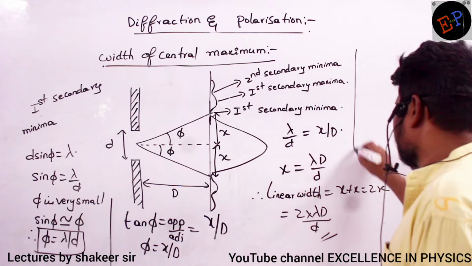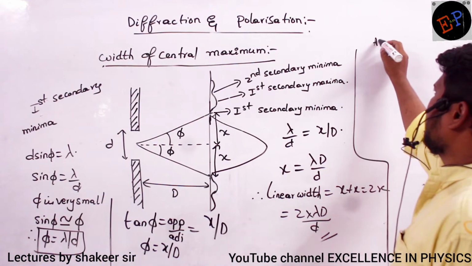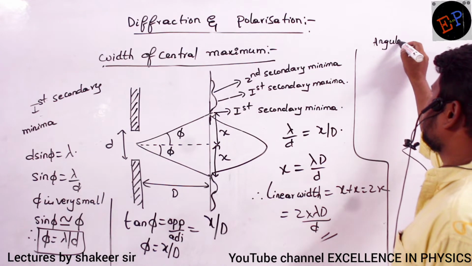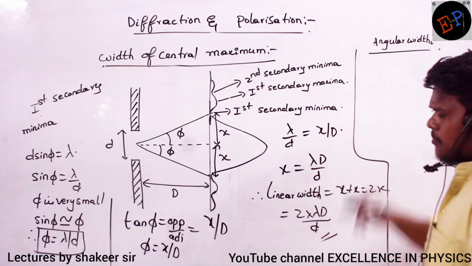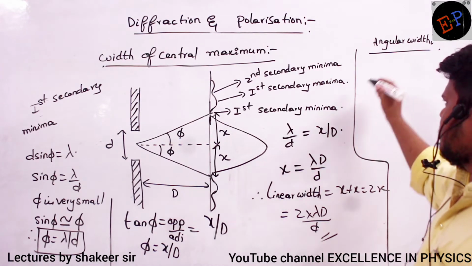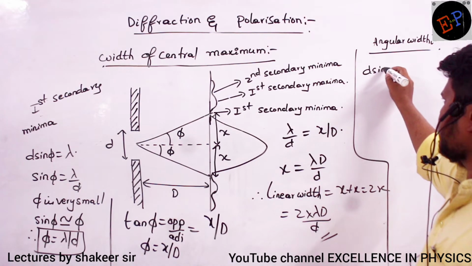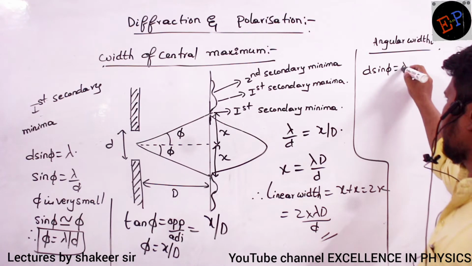Similarly, if I want the angular width of the secondary maximum, it is very simple. Already we know that d sin phi is equal to lambda.